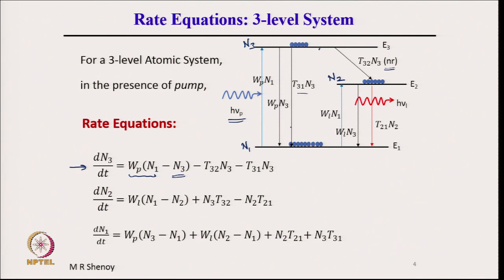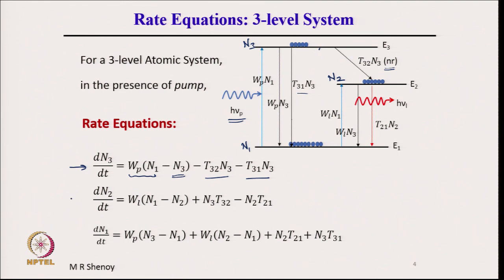So, T31 into N3, atoms from here could spontaneously come down here or spontaneously come down here. They may come down by stimulated emission, which is Wp into N3. These are the only possible transitions as far as level 3 is concerned. So, we have taken care of all the 4 terms, 1, 2, 3 and 4 transitions.